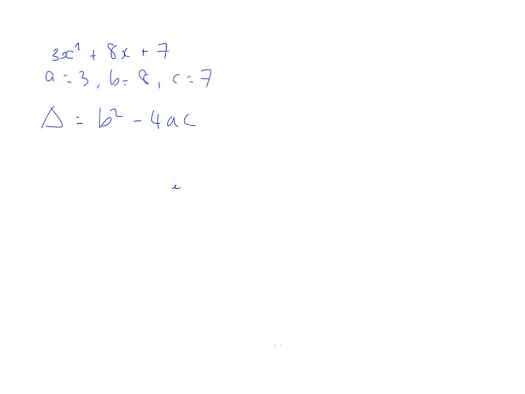So we put these values in, and b squared is 8 squared minus 4 times 3 times 7. 8 squared is 64, minus 4 times 3 is 12, times 7 gives us 84, and that's going to equal negative 20.